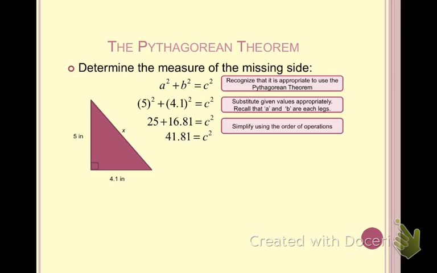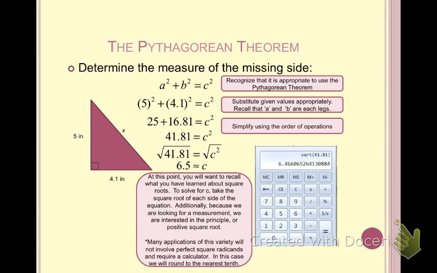We'd add them up and get 41.81 equals c squared. And then we have to take the square root of both sides in order to get c. Now, at this point, you're really just going to use your calculator to determine that square root, and you can round that to approximately 6.5.